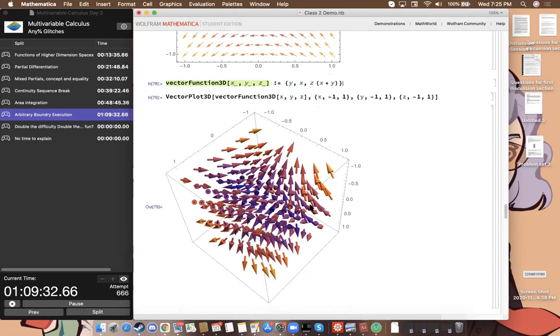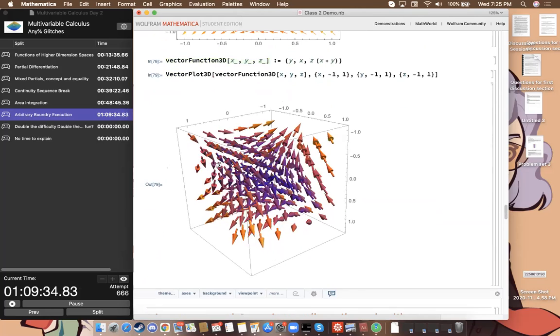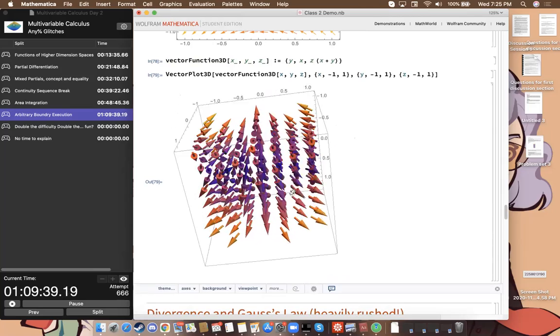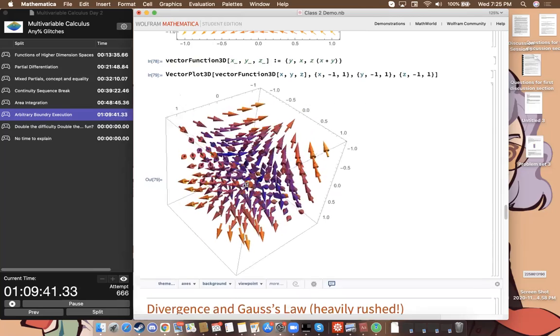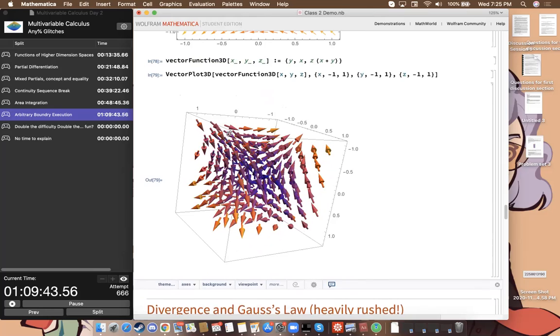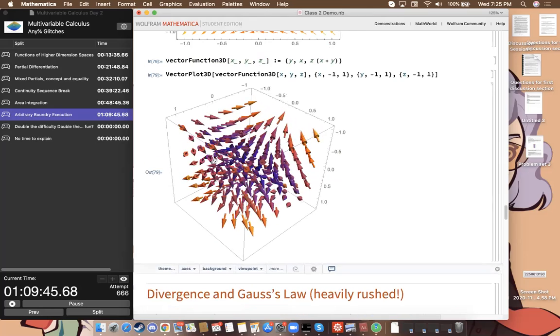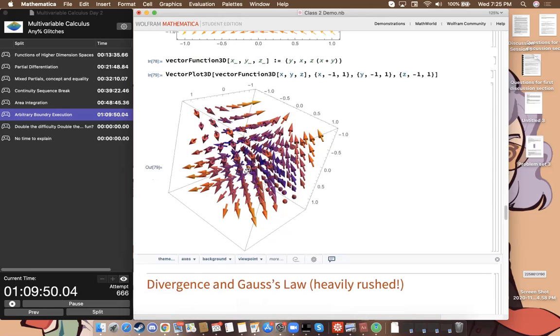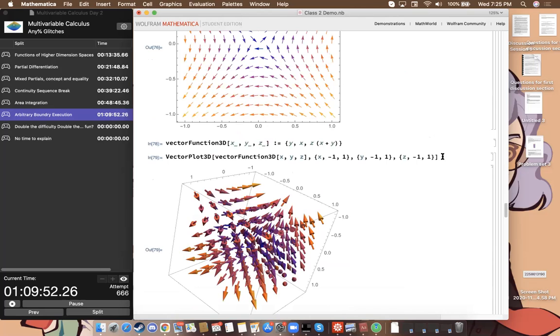You can even do a three-dimensional vector plot. You can even do a 3D vector function. They look like this. Mathematica doesn't do a very good job of showing what these look like because nothing can do a very good job of showing what these look like. Picturing these can often be pretty hard, but we remember the tools we developed from last time, which is we can think about this as a separate x component function, a separate y component function, a separate z component function, right?